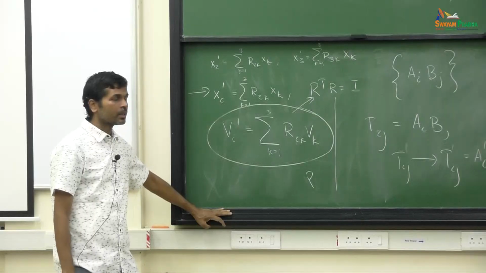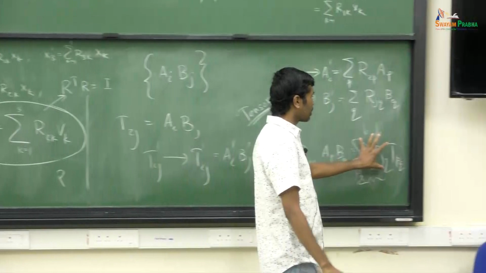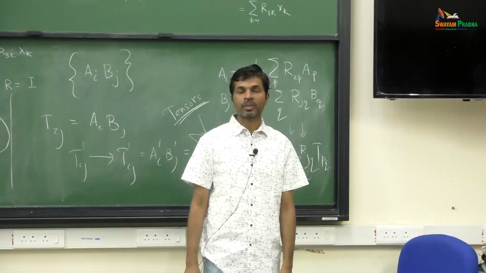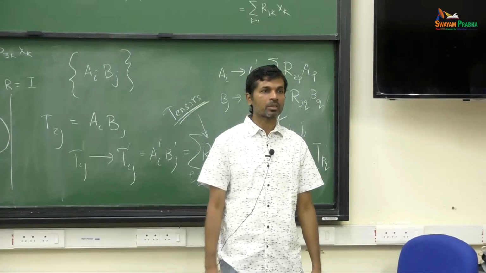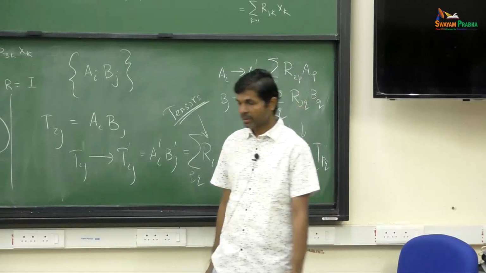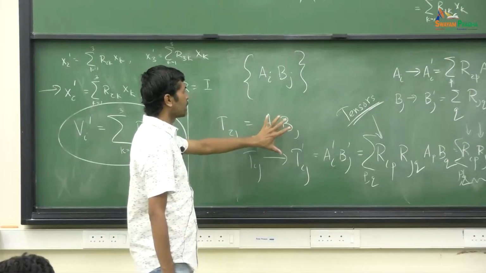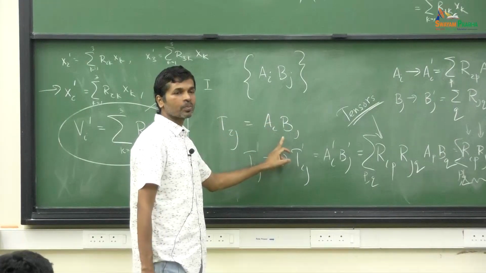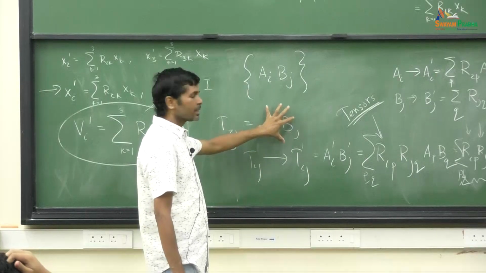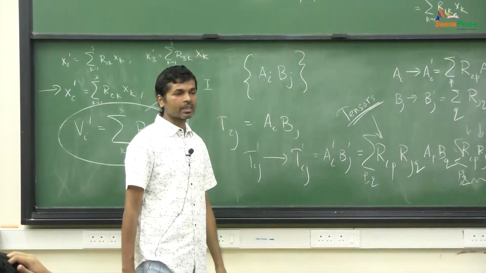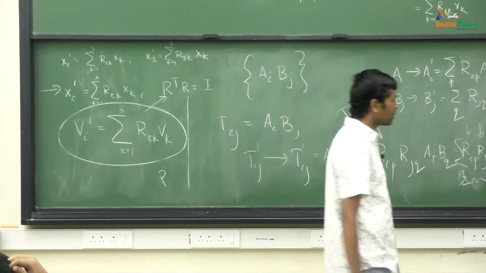I have this set of quantities which under rotation transform in a nice fashion, and these quantities are basically tensors. Please remember, although I have started with something of this form, not all tensors can be expressed like this. For example, I will give you one example.